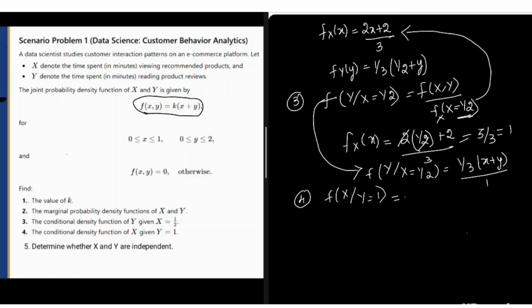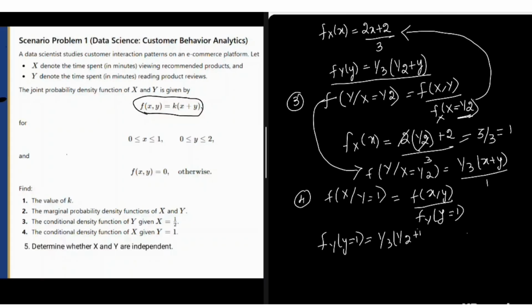So how do you write this? The numerator part would be f of x comma y, and the denominator part would be fy of y at y equal to 1. So fy of y at y equal to 1 is nothing but, in this equation you have to substitute y is equal to 1. So it will be 1 by 3 into 1 by 2 plus 1.